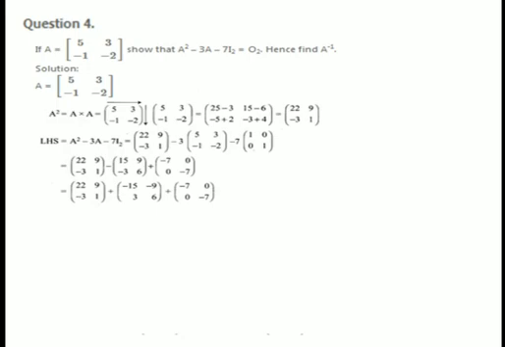You multiply inside the identity matrix, minus 7 0 0 minus 7. After that you simplify this, you get the answer 0 2. RHS is 0 2. To find out A minus 1.